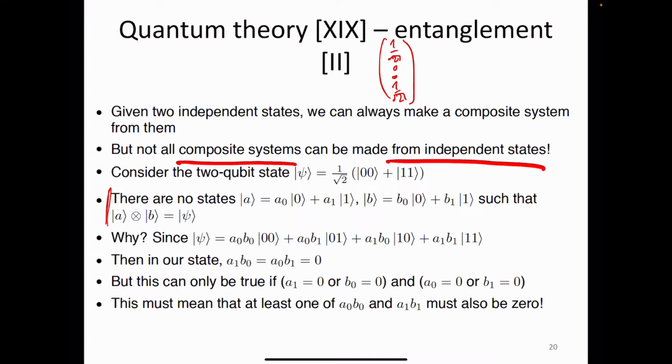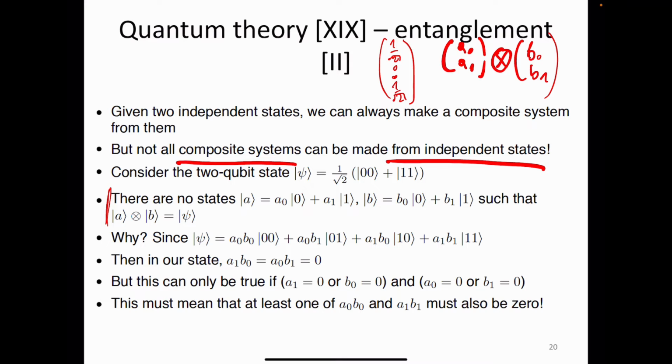So let's say these are example states, A and B, such that you can execute a tensor product between them that gives you an entangled state. So why is that? Let's write that down here for two states with A0, A1, and we have B0, B1.